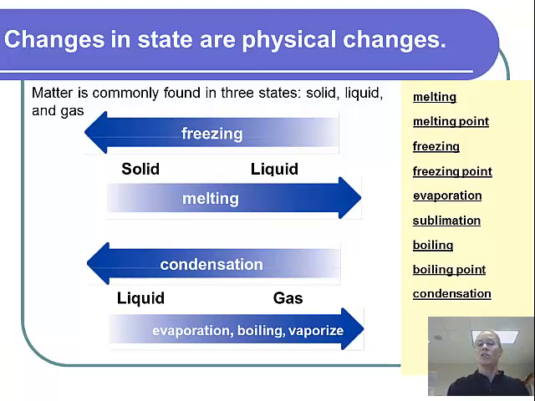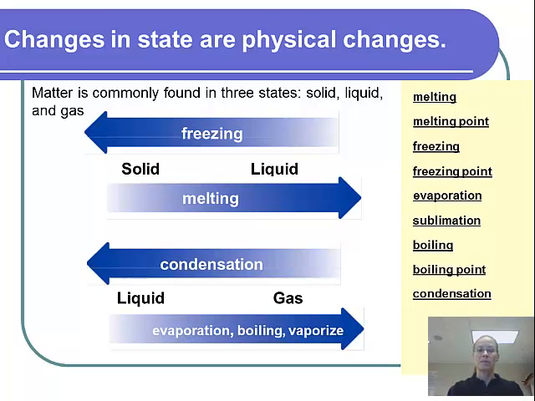This diagram shows the direction of energy for the process of changing the state of matter. When going from liquid to solid, you're freezing that, and energy is leaving the system, leaving the substance, in order for it to go to the solid state. When you're going from a solid to a liquid, that substance is melting, and in that process you are adding more energy to the system.